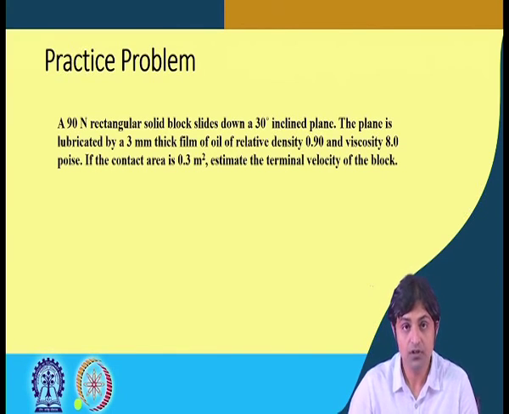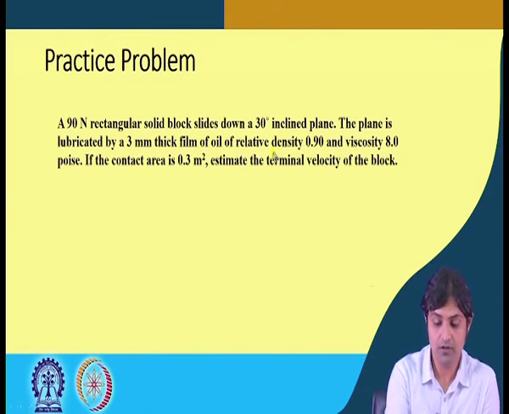Here also, as you can observe, the most important part is the viscosity. Because of this viscosity, there is going to be friction or shear stress, and the block will have some friction, and therefore it will counter the weight of gravity, which is generally taking the block down.